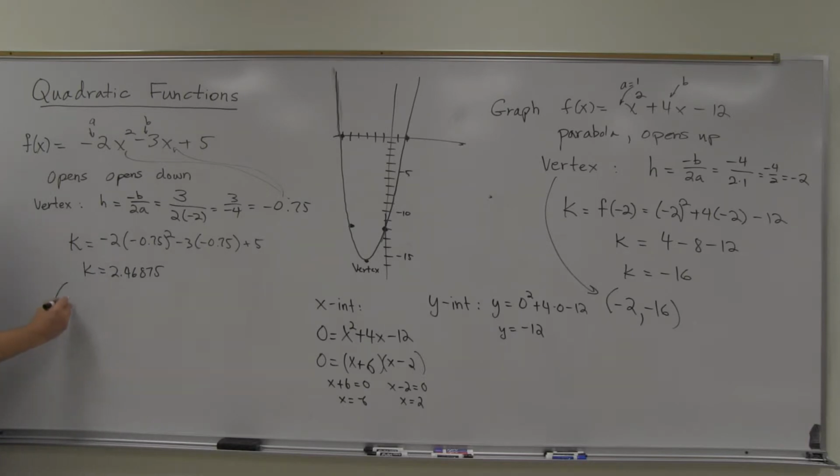So that's my vertex. It's about -0.75 and positive 2.5.